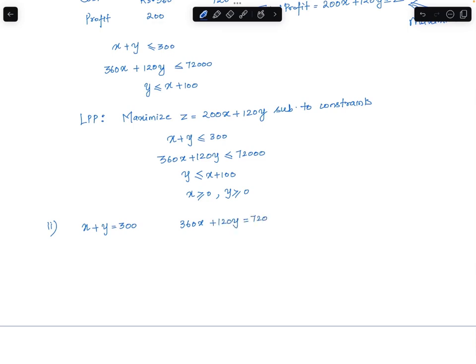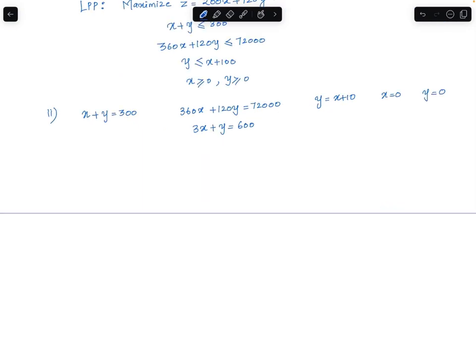We convert it to a linear equation, so we put equal to 72,000. There is a scope of simplifying this. On dividing the entire equation by 120, we get 3x plus y equal to 600. The third constraint is y less than or equal to x plus 100. Converting this to a linear equation, we get y equal to x plus 100. The next two, x equal to 0, y equal to 0.